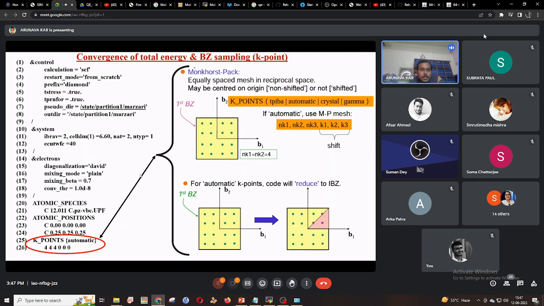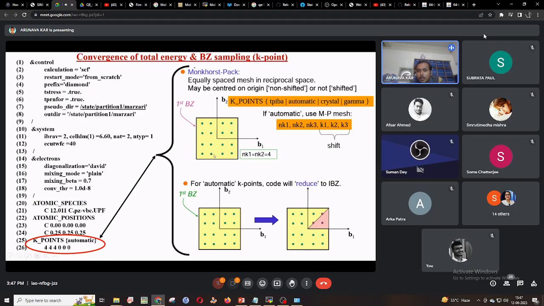Now coming to this K point part. As we are calculating everything in the first Brillouin zone, we are calculating in reciprocal space. The reciprocal space will look like a point when we are using a plane wave expansion of the system. Now, to calculate any quantity, we need to consider points.